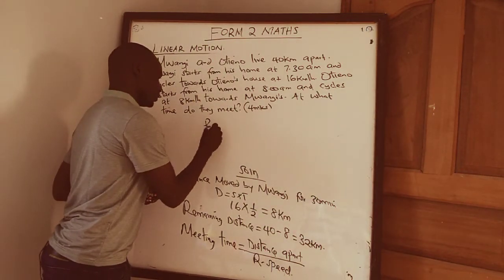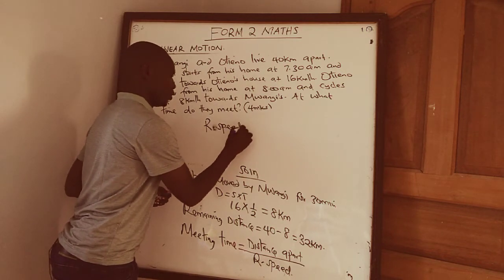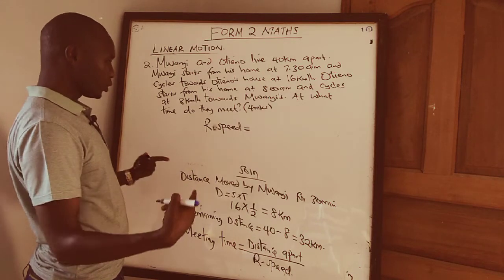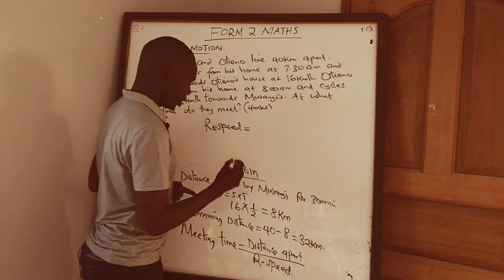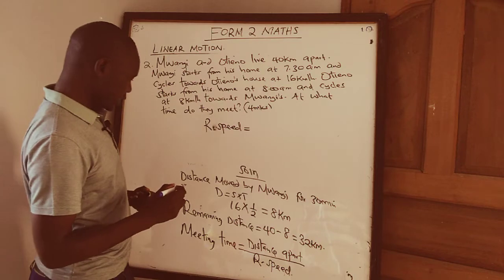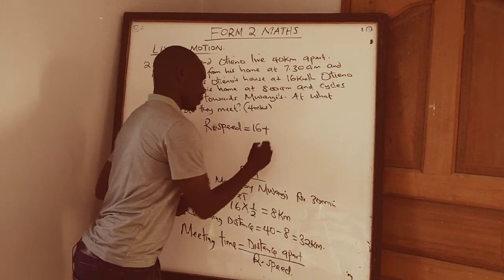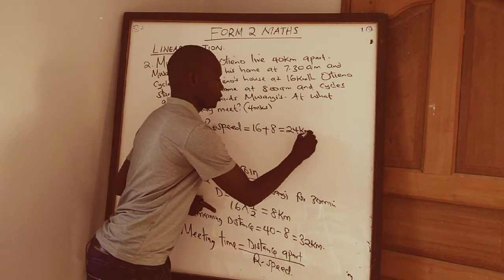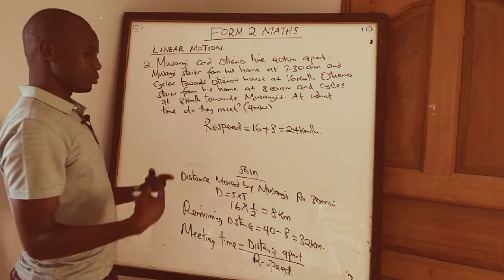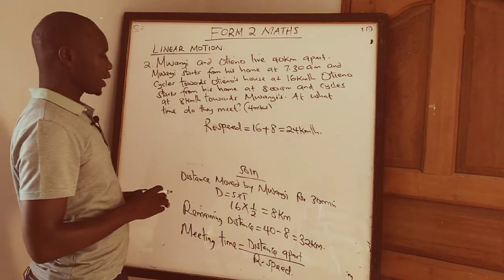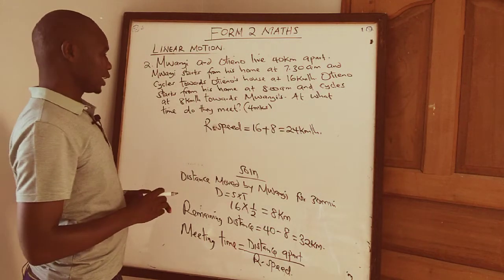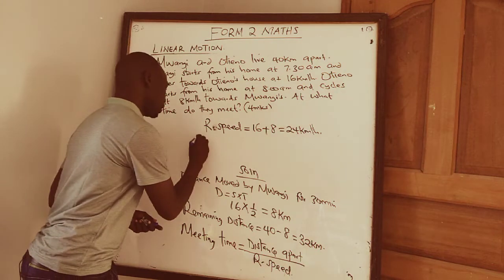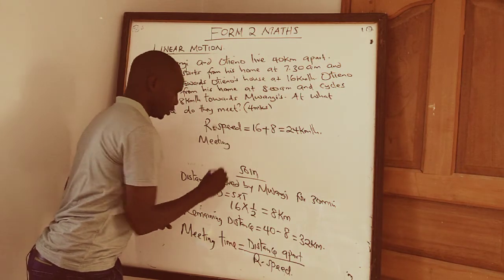For any two people who are coming to meet, or vehicles which are coming to meet, the relative speed is going to be equal to the sum of their individual speeds. The speed for Mwangi is 16 plus that of Otieno, 8, and this gives us a relative speed of 24 kilometers per hour. That is when they are coming to meet. But if they are moving in the same direction, then to get their relative speed, you get the difference of the individual speeds.